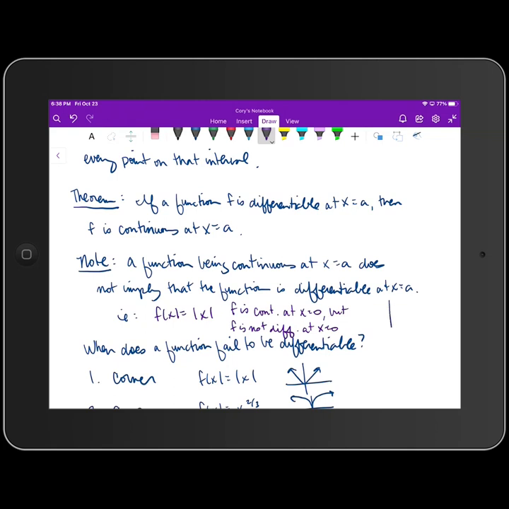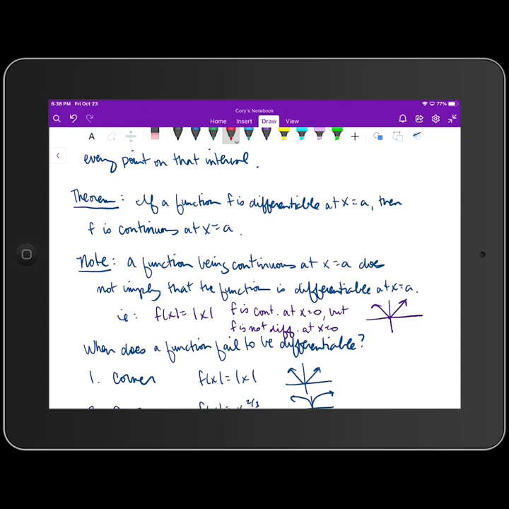If you look at the graph of the function, that function is continuous everywhere. The function is defined everywhere, the limit exists everywhere, and the limit is equal to the function value everywhere. But the function is not differentiable at 0, and this is important here, and we're going to talk more about this just down below.